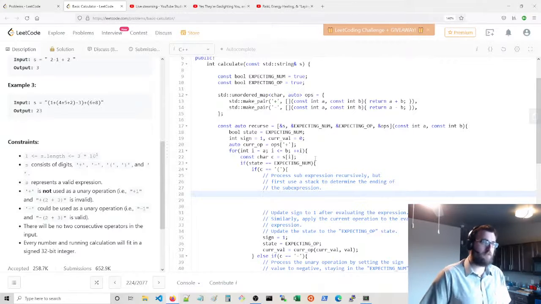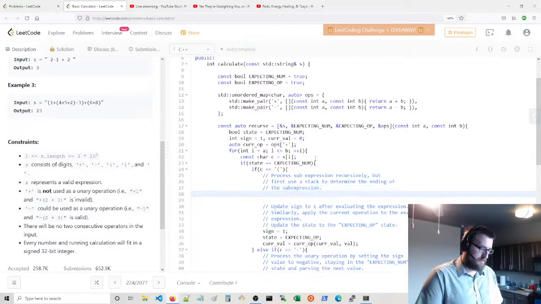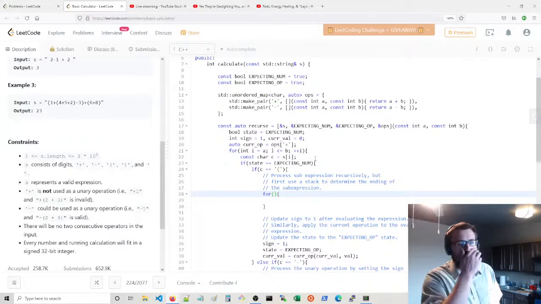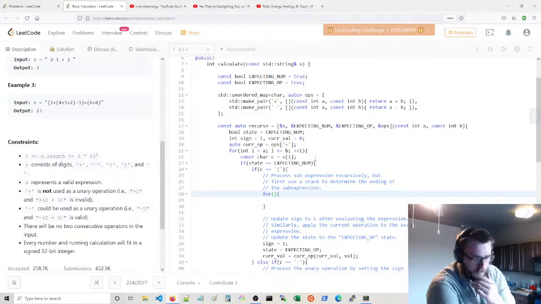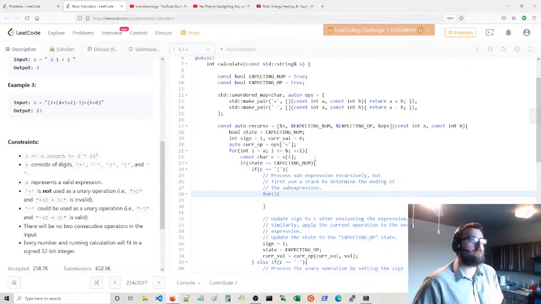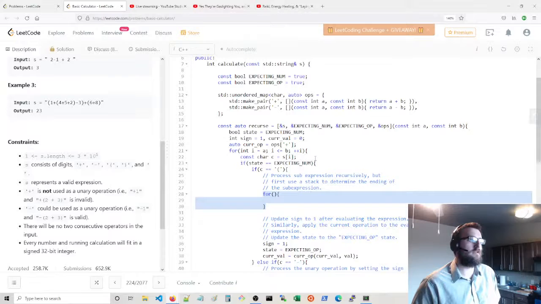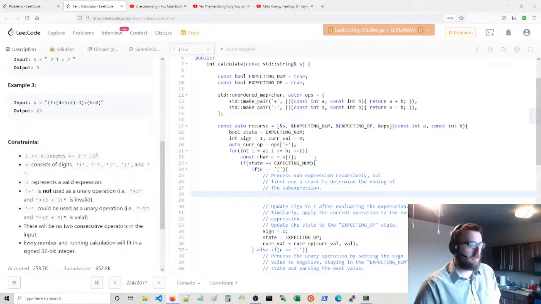So what we can do is basically loop. Now I did this in Python, I used a substring search, but I think it's probably better to go character by character.